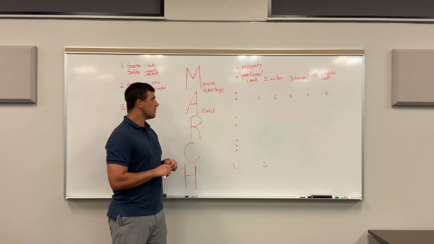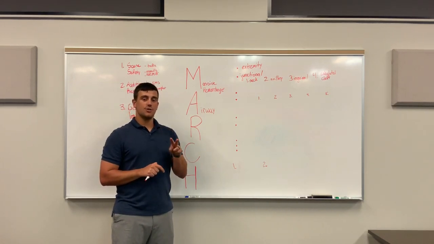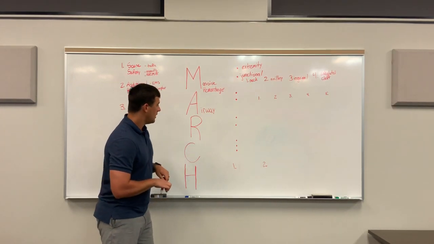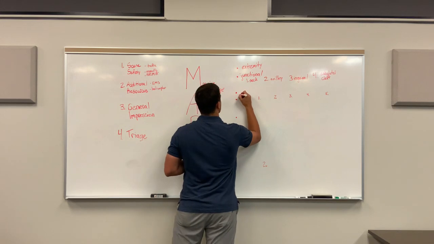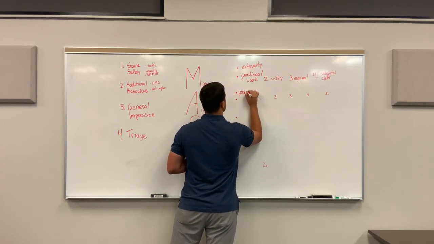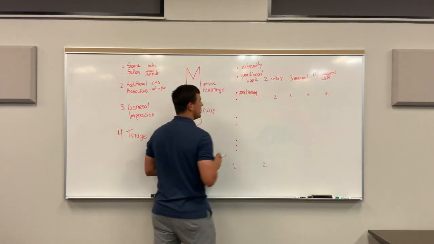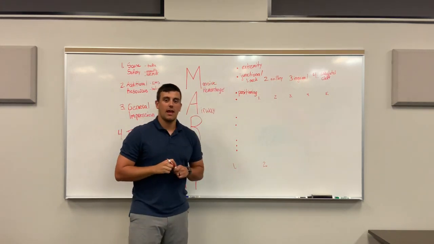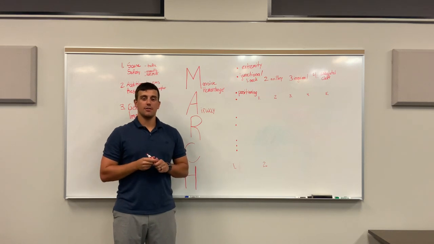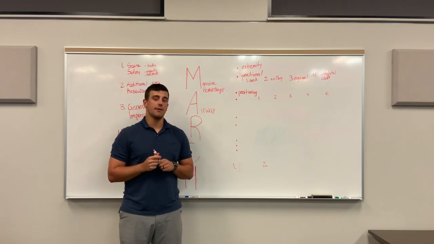management. So this encompasses two different things. The first one is going to be our obvious BLS intervention, which is our positioning. Positioning our trauma patients in a position to where they can maintain their own airway.